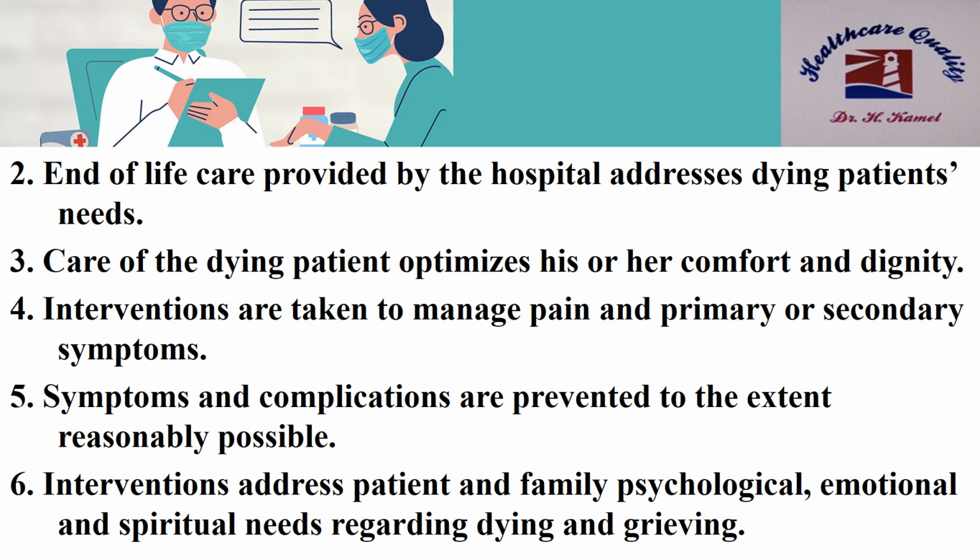Number 2, end-of-life care provided by the hospital address dying patients' needs. Number 3, care of the dying patient optimizes his or her comfort and dignity. Number 4, interventions are taken to manage pain and primary or secondary symptoms.